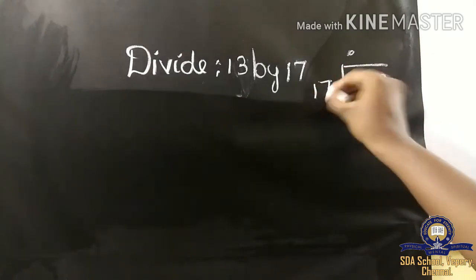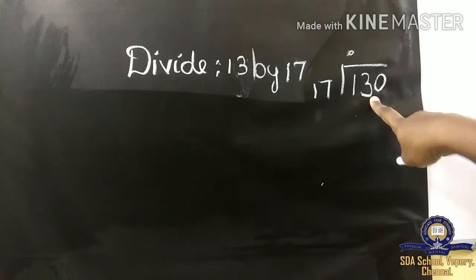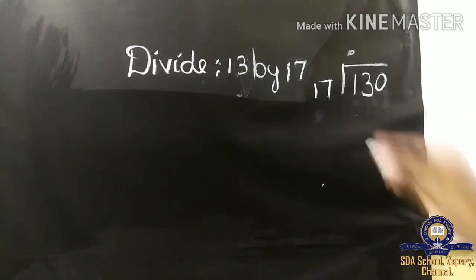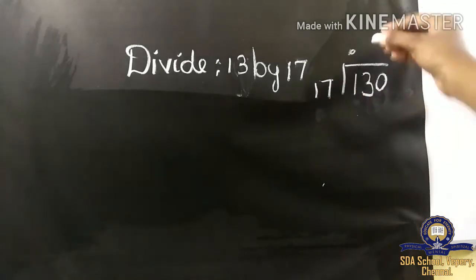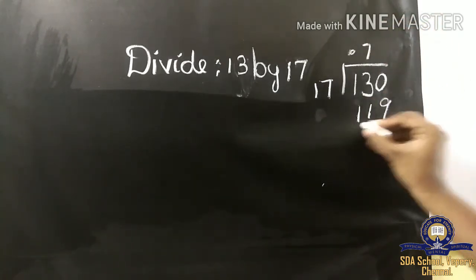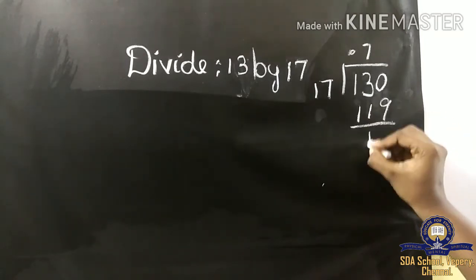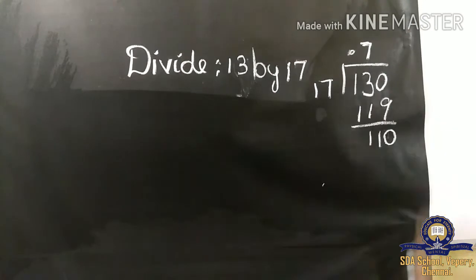If you multiply, 17 sevens are 119. If you subtract, your answer will be 11. And here you are going to add one more 0.